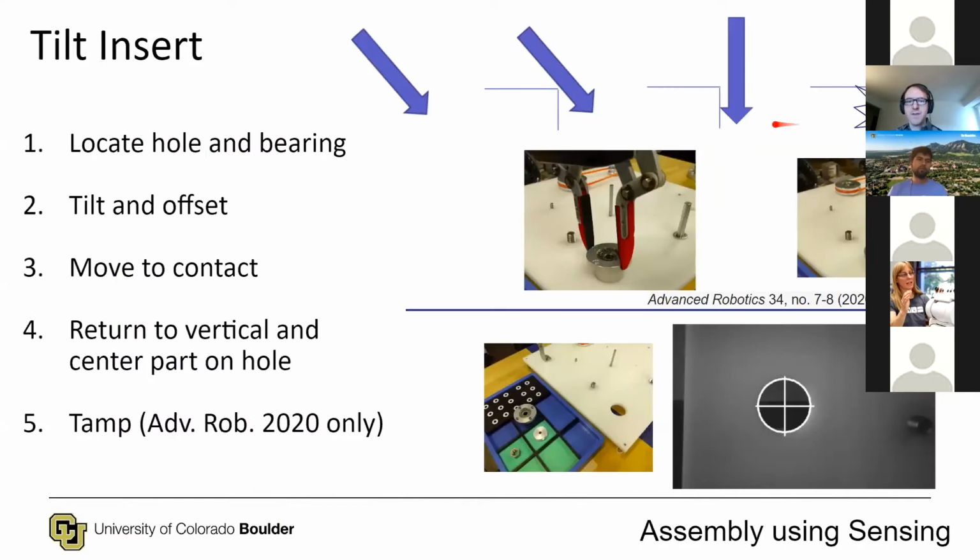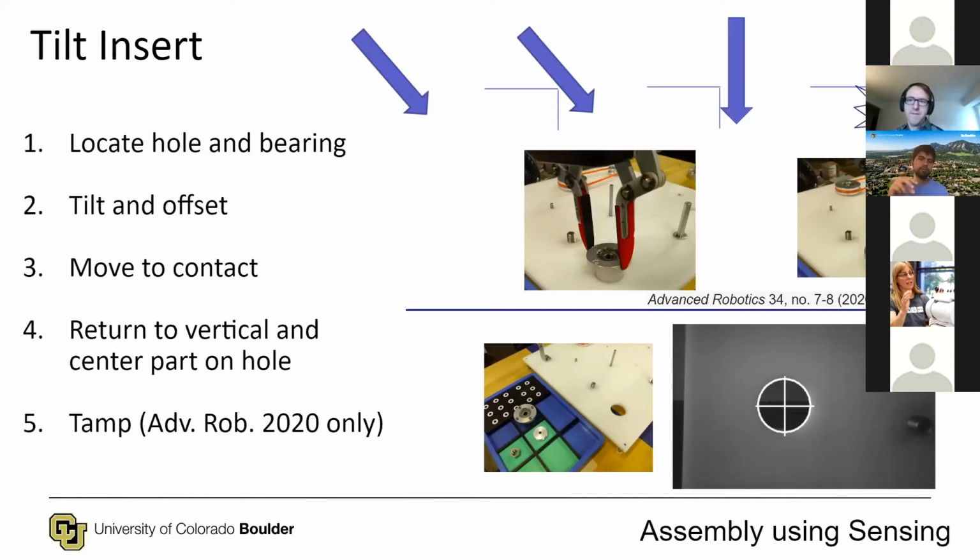So we observed that spiral insert is better suited for a small diameter cylindrical insertion. But for a large diameter insertion, there's a simpler approach, which we call the tilt insert. We applied the tilt insert to the insertion of a large bearing, and it proceeds with the following steps. First, we locate the bearing and the hole.